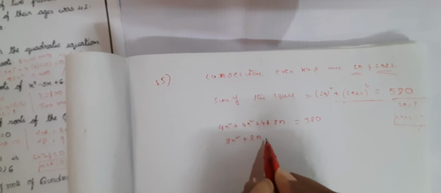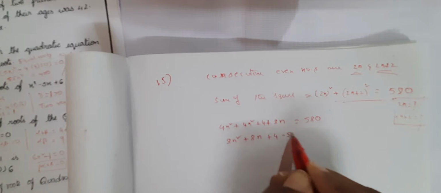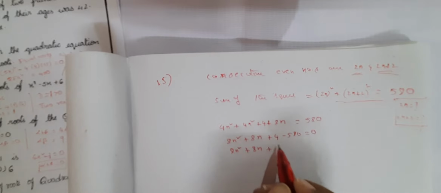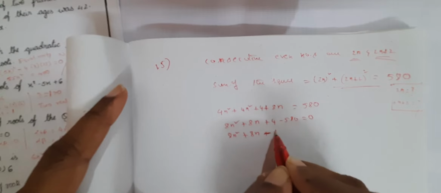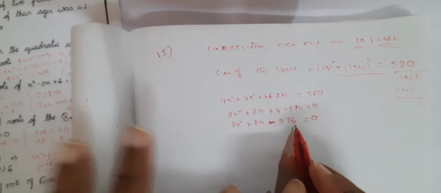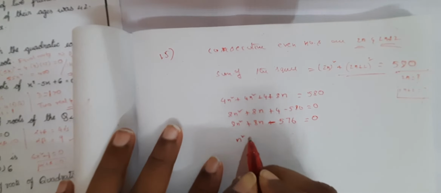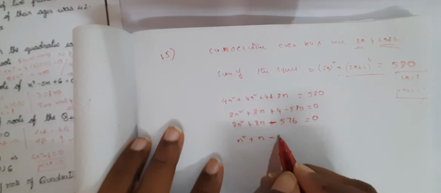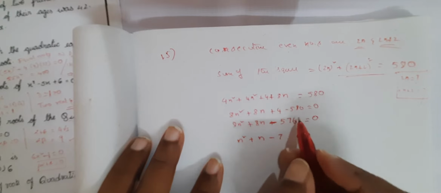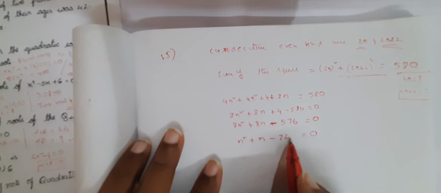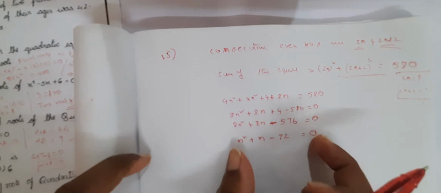Bringing 580 to the left side: 8n square plus 8n plus 4 minus 580, that is minus 576, is equal to 0. I think we can take 8 common here, so it becomes n square plus n minus 72, since 8 7s are 56 and 8 2s are 16, so 72. n square plus n minus 72. This is what the final equation is.